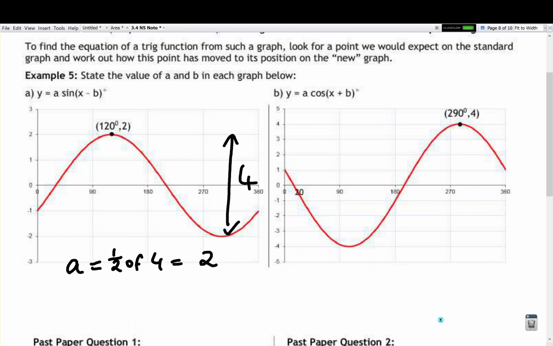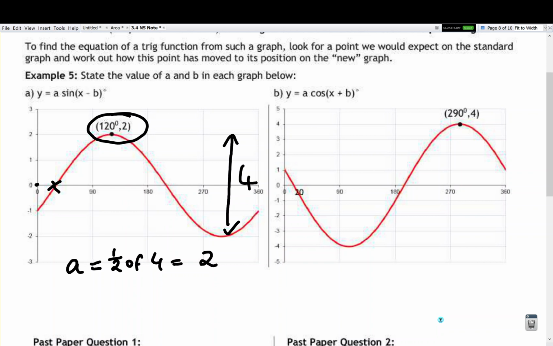Now, how has the graph been affected left or right? Well, our normal sine curve would start at 0. Now we can see it starting here. I don't have a number for that, so I could guess roughly what it is, but I don't know exactly. In this case, the whole key is this coordinate point I'm given up at the top.